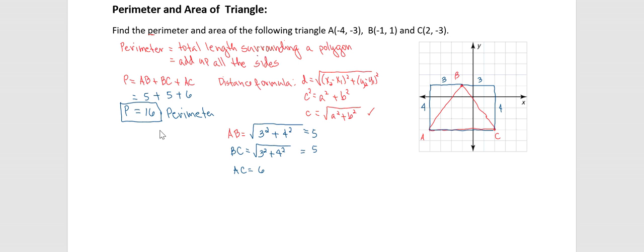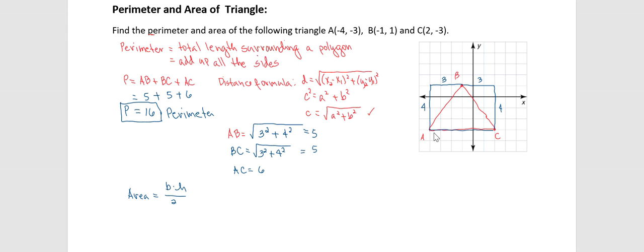Next, for the area of a triangle. The formula for the area of a triangle is given as base times height divided by 2.